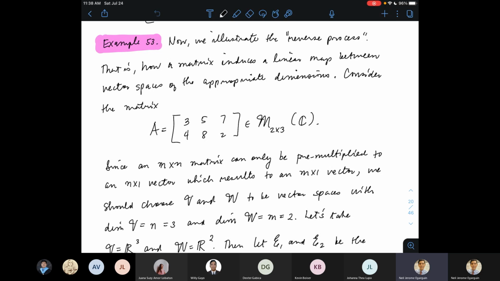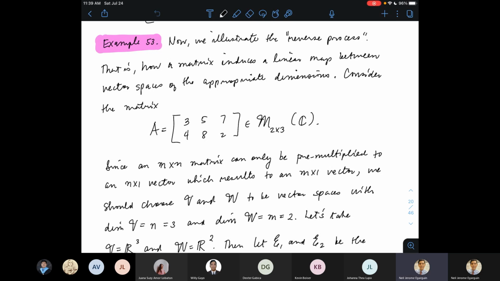So, and that representation will be unique because the equivalence is an isomorphism. It's an isomorphism, so that means it is monic. So if we have two linear transformations that have the same matrix representation, then we have proven that those two linear transformations must exactly be the same, right?